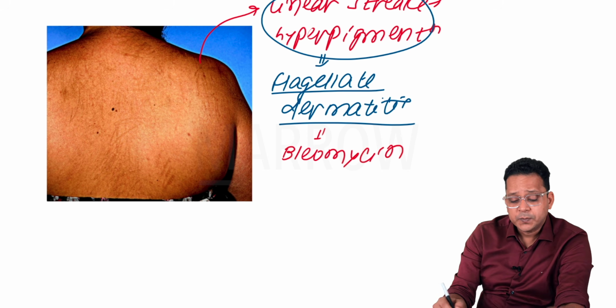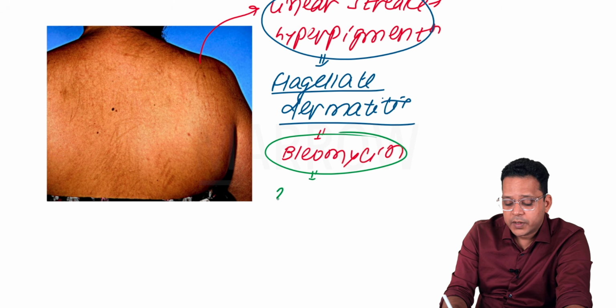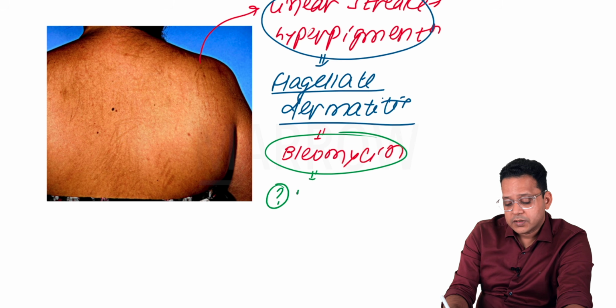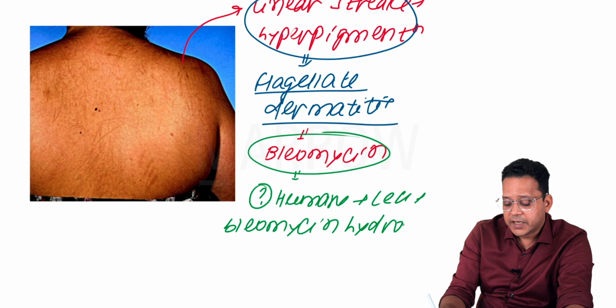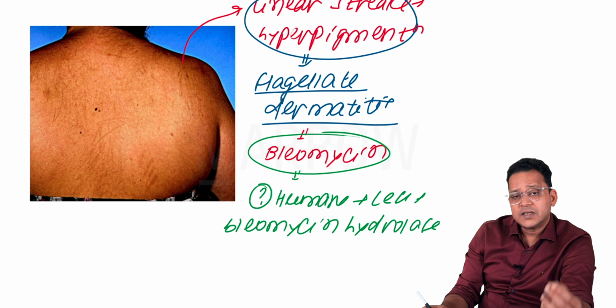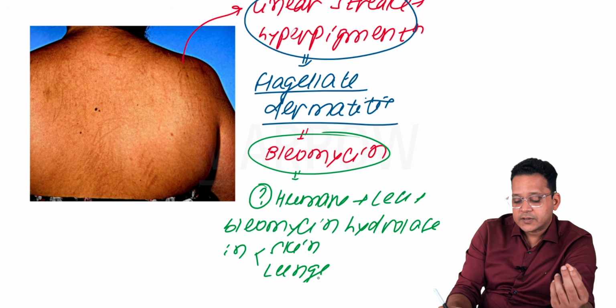What else can they ask you? Flagellate dermatitis that is caused by bleomycin. What is the reason? See, we humans have lesser bleomycin hydrolase, an enzyme that metabolizes bleomycin in two places, in the skin as well as lungs.